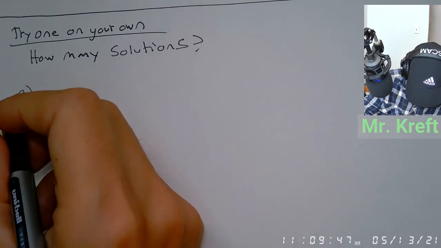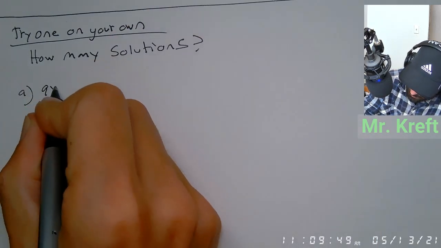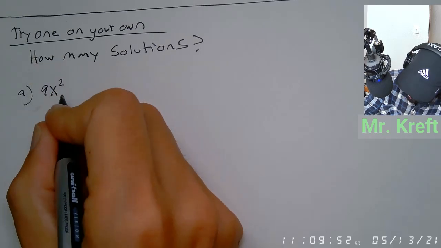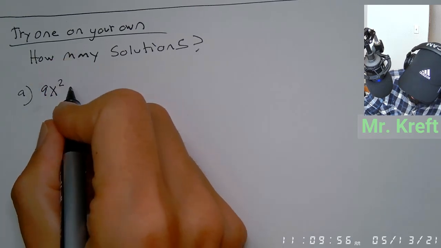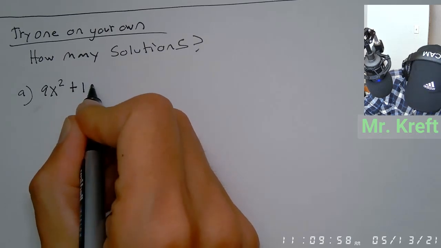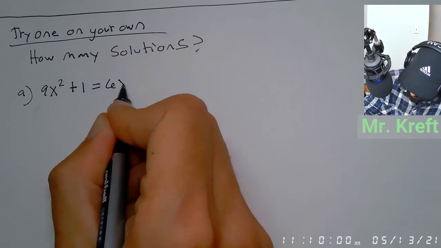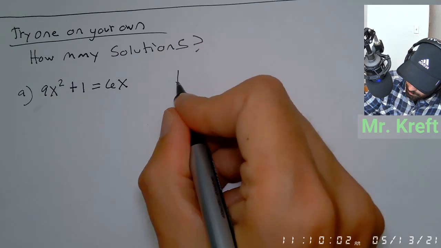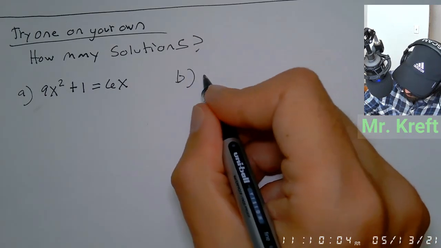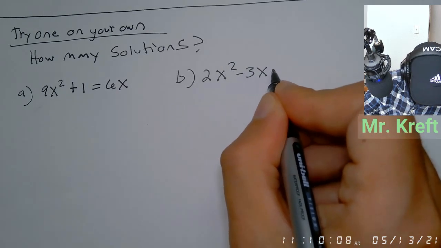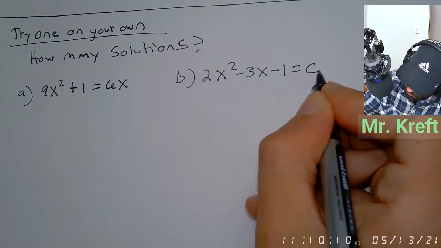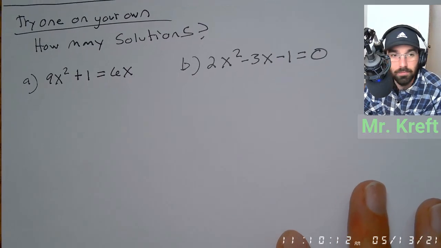My first one is going to be 9x squared plus 1 equals 6x. And then I'm going to have 2x squared minus 3x minus 1 equals 0. Let's just do 2 for right now.